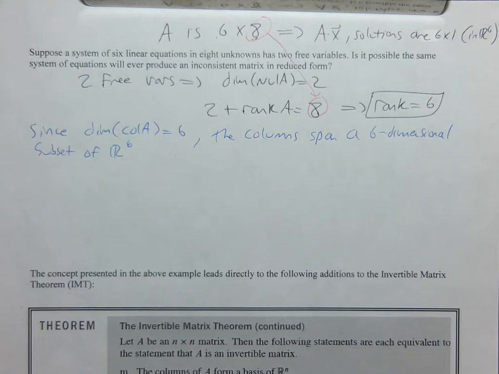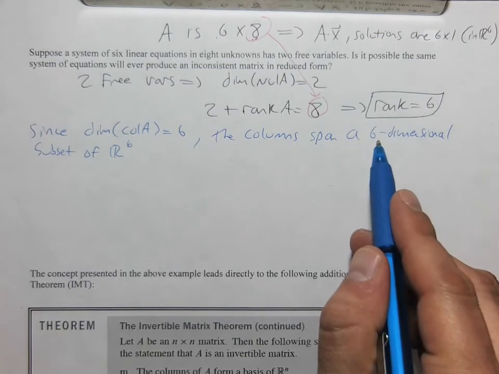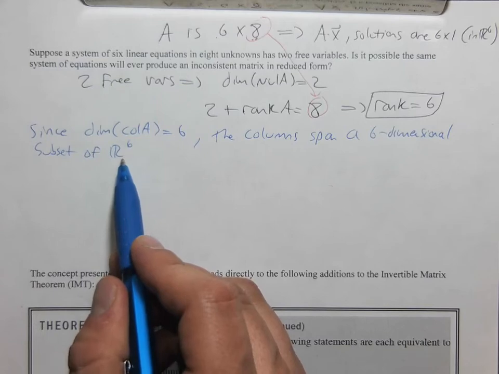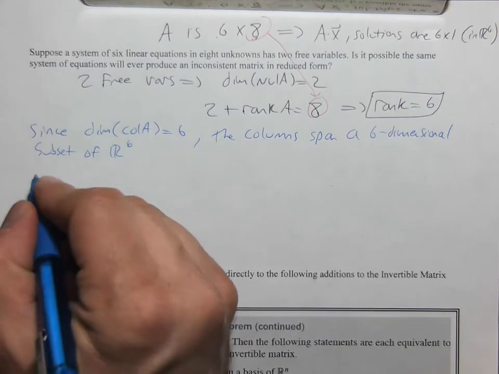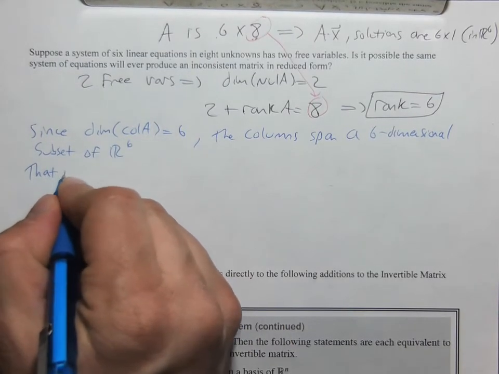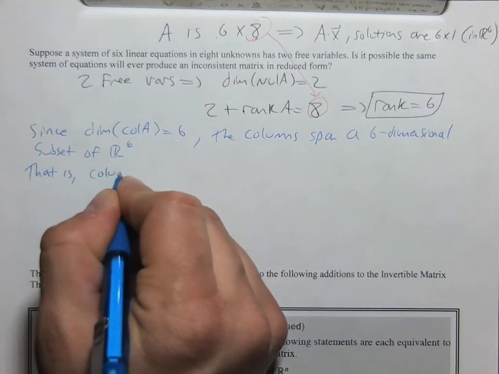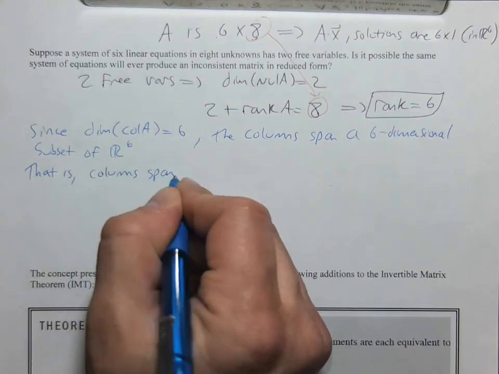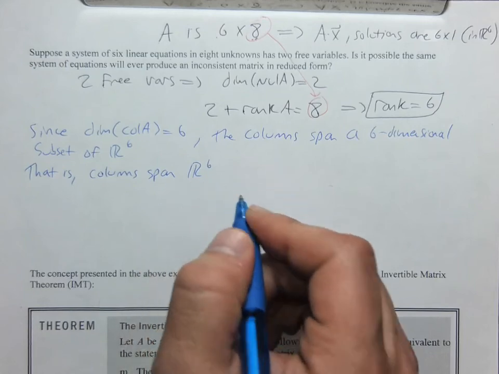Okay, so in other words, it fills up the whole space. Right? A three-dimensional subset of R3 would be R3. A two-dimensional subset of R2 is R2. And so a six-dimensional subset of R6 is R6. In other words, the other way to say this is that the columns span all of R6.